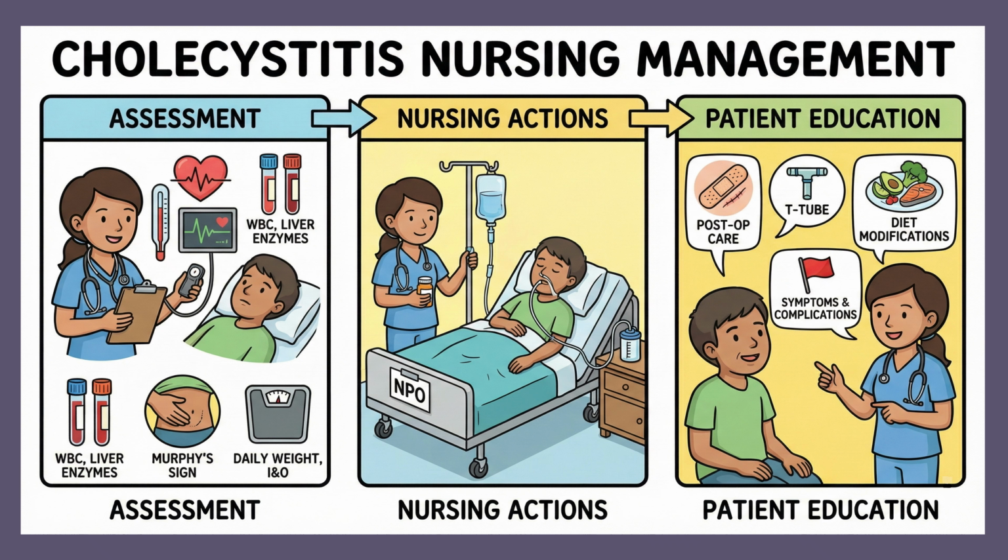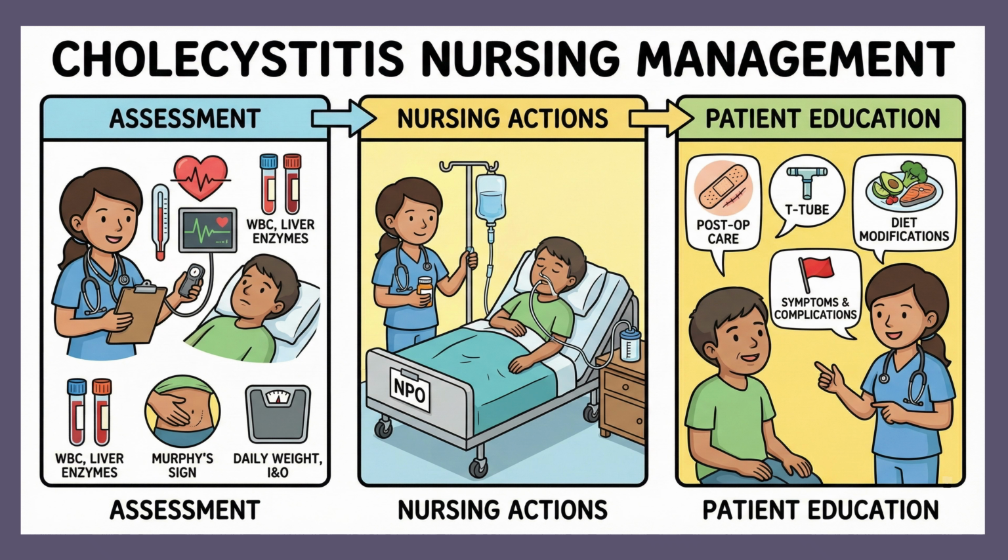Cholecystitis nursing management encompasses comprehensive assessment, targeted intervention, and thorough patient education. Assessment includes monitoring vital signs like fever, tachycardia, respiratory rate, blood pressure, serum electrolytes, especially potassium with NG suctioning, white blood cell count, liver enzymes, bilirubin, skin color, and pain characteristics.